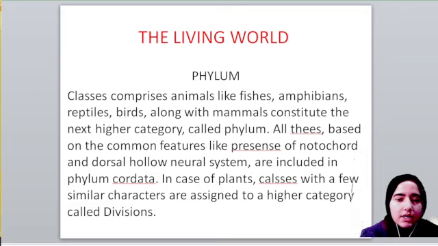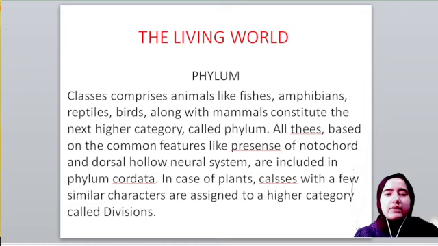Very nice. We will see phylum now. You will learn phylum Arthropoda, and so many phyla we have to deal with in our upcoming chapters of class 11th. Here please remember that phylum includes classes of animals like fishes, amphibians, reptiles, birds.